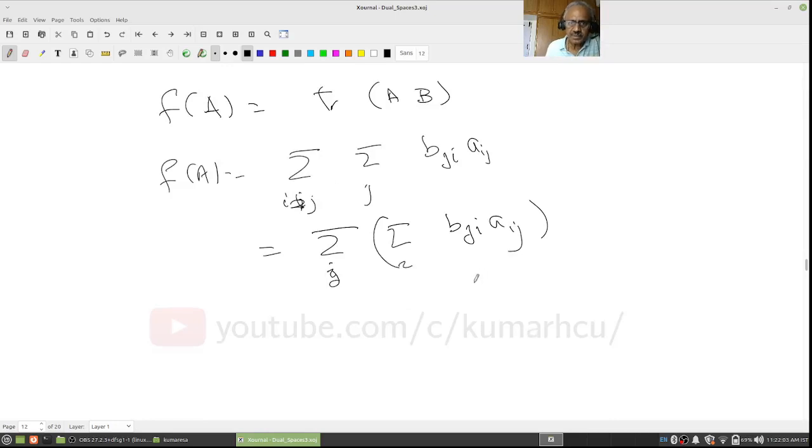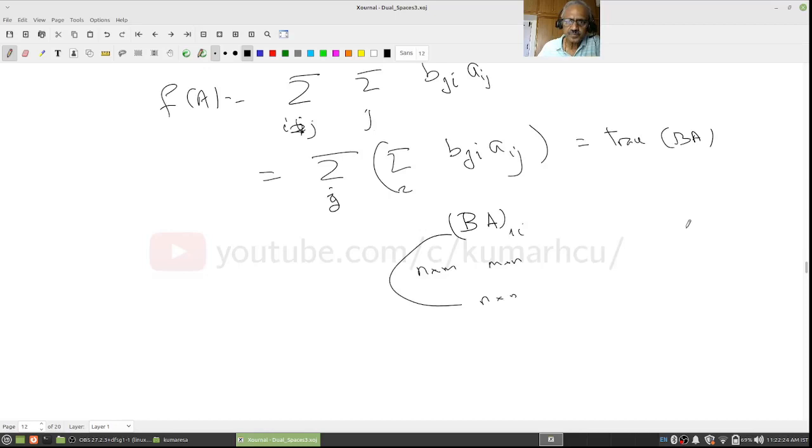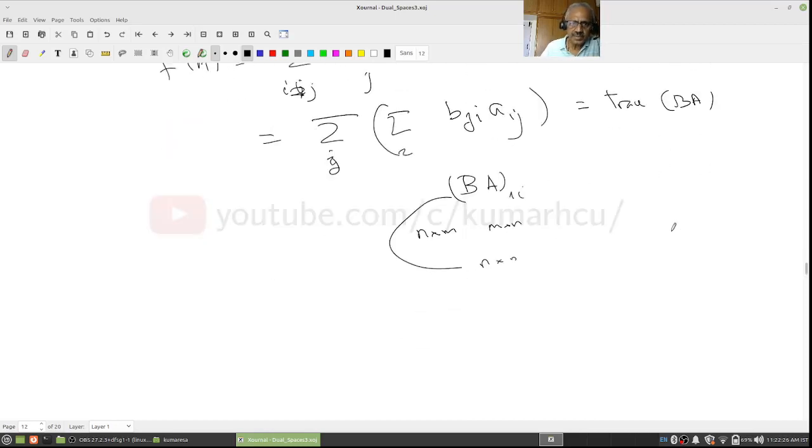Therefore this is again the entry of matrix BA, but of what size? B will be n cross m, A will be m cross n, so this will be an n cross n matrix. I could also write it that way. Therefore, this is the trace of BA.